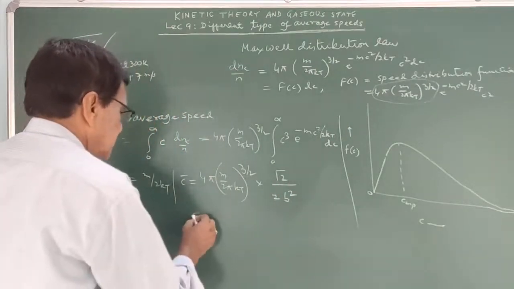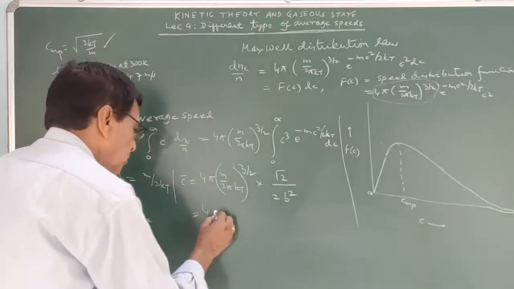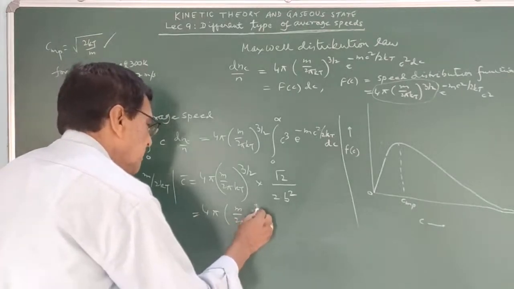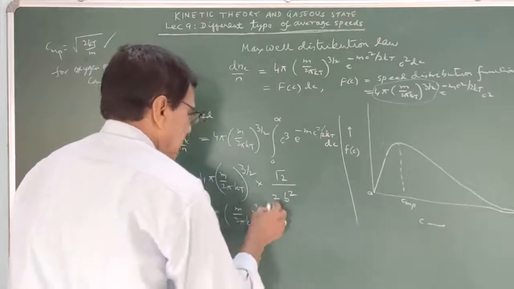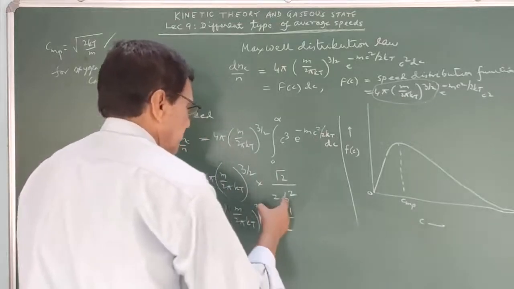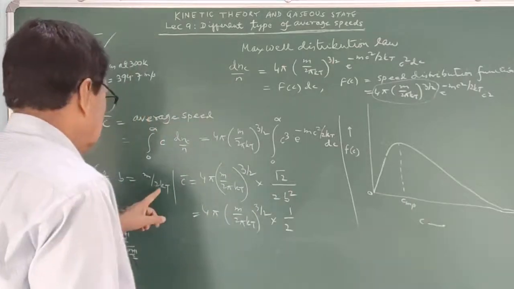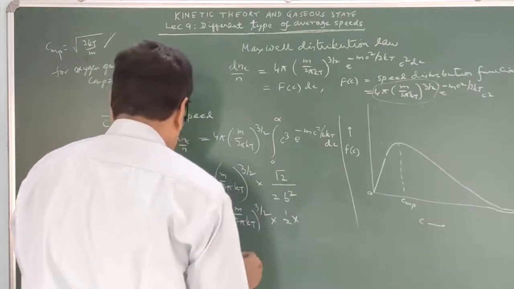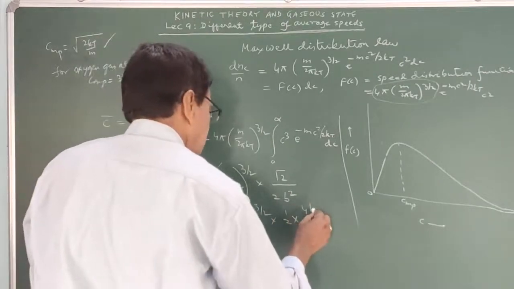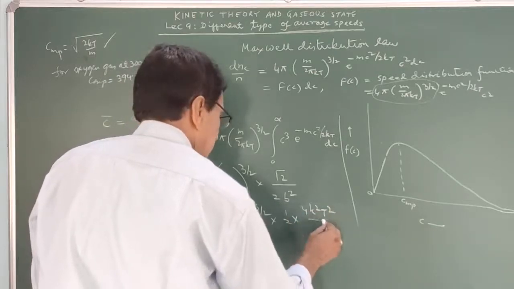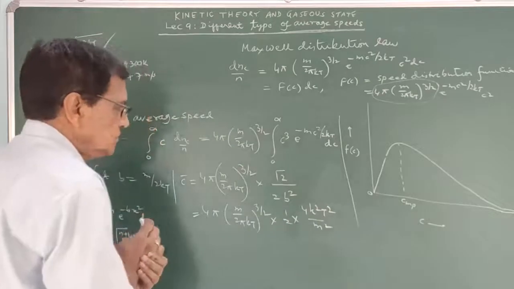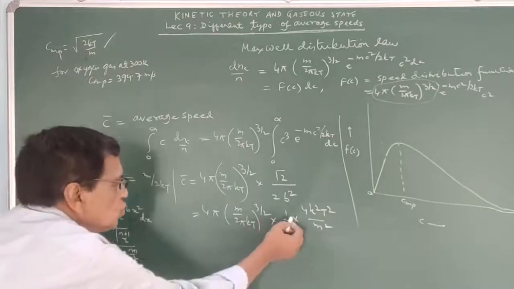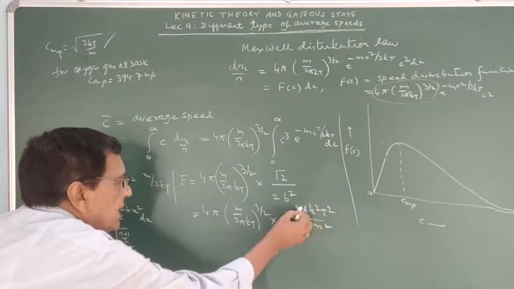So if we insert this value of b, then 4 pi (m by 2 pi kT) to the power 3 by 2, and gamma 2 is 1, and 2b square means it is half, and b square means m square by 4k square T square.